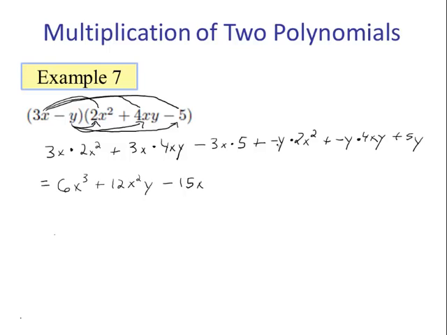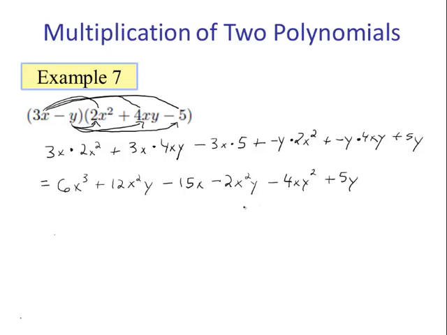Next, negative 1 times 2 is negative 2, so that's a minus 2. We have an x squared and a y, so that'll become x squared y. Negative y times 4xy becomes a negative 4xy squared, and then our last term is plus 5y.